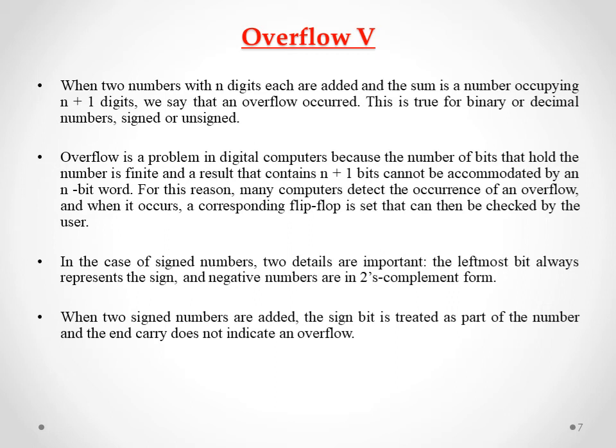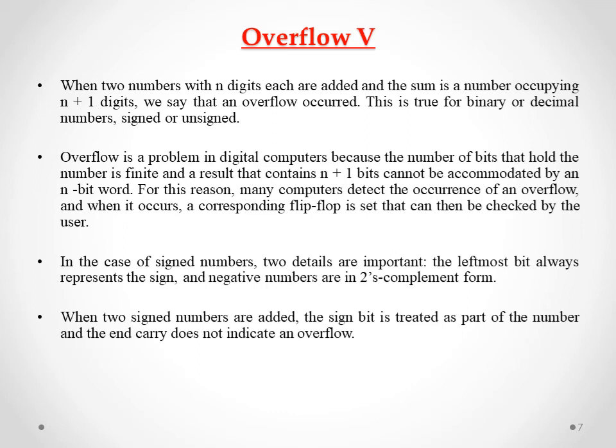Overflow is a problem in digital computers because the number of bits that hold the number is finite, and a result that contains n plus 1 bits cannot be accommodated by an n-bit register. For this reason, many computers detect the occurrence of an overflow, and when it occurs, a corresponding flip-flop is set and can be checked by the user.